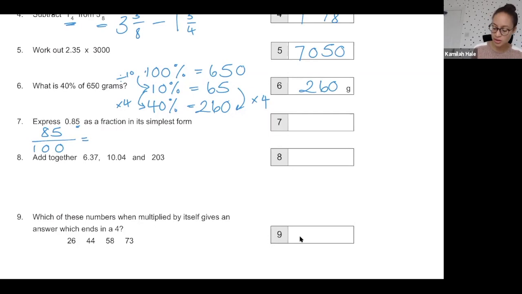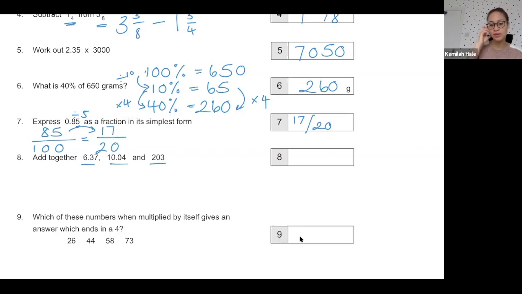We'll divide by 5, both the numerator and the denominator. 85 divided by 5 is 17. 100 divided by 5 is 20. So that fraction in its simplest form, good, got some right answers here, is 17 over 20. Well done.